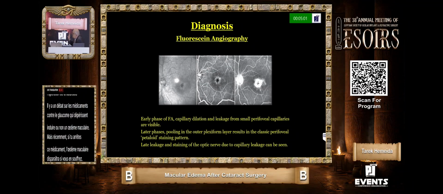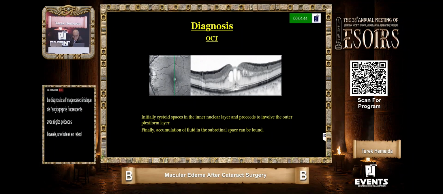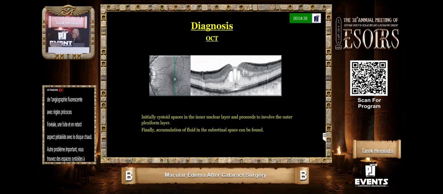The diagnosis has the characteristic picture of the fluorescein angiogram with early perifoveal leakage and late petaloid appearance together with the hot disc. Another important issue, you find cystoid spaces at the outer plexiform and inner nuclear layer, and later on this fluid escapes to the subretinal space.